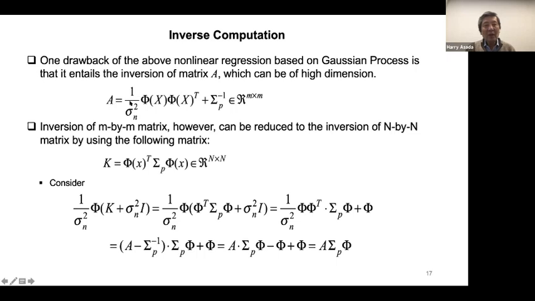So A equals something like this. This is an m-dimensional matrix, excuse me, right? So the inversion of an m by m matrix, however, can be reduced to the inversion of an n by n matrix. The n is the number of sample points, the data points. It's not actually infinite, right? And we can use the following kind of trick.